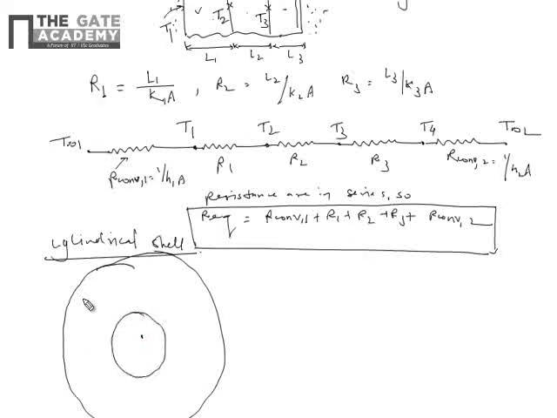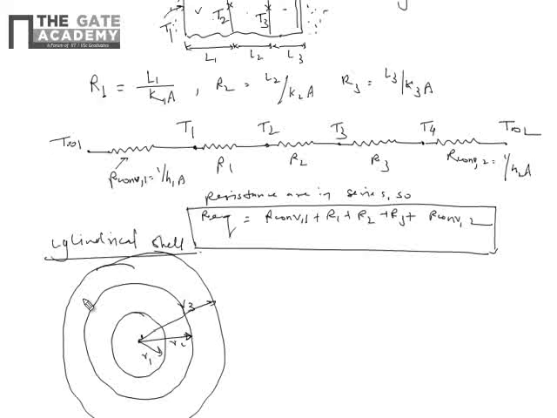Let us say this is my cylindrical shell. Another surface is here. R1, R2, R3. This is made of two cylindrical shells. One is of radius R2 and R3, and the other one is R1 and R2.